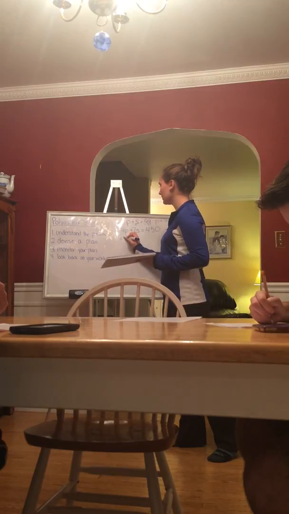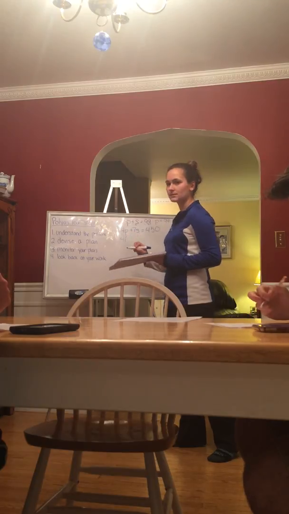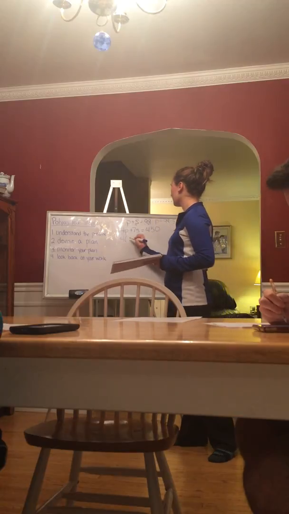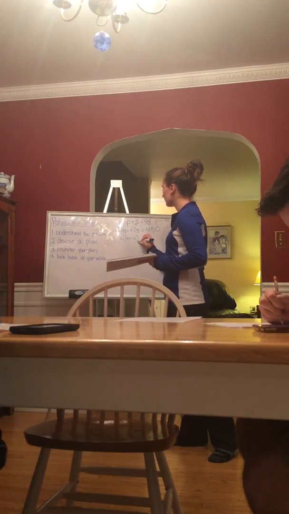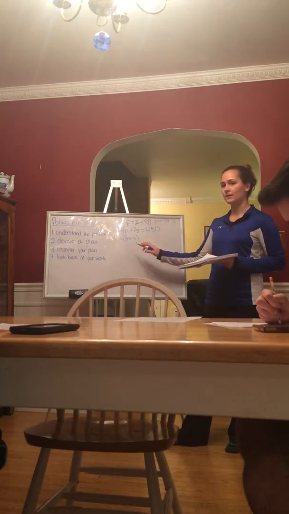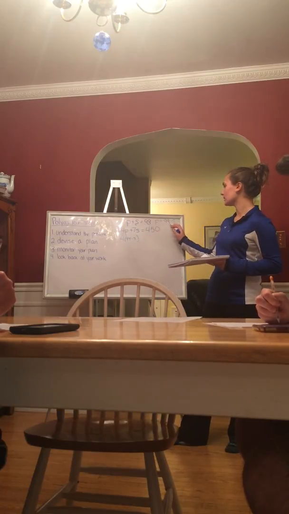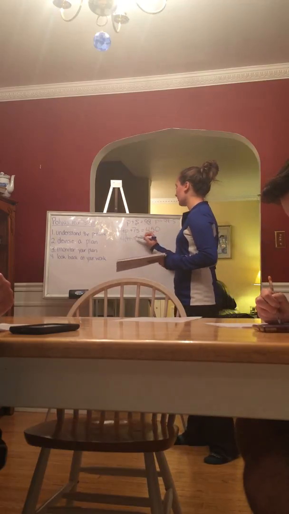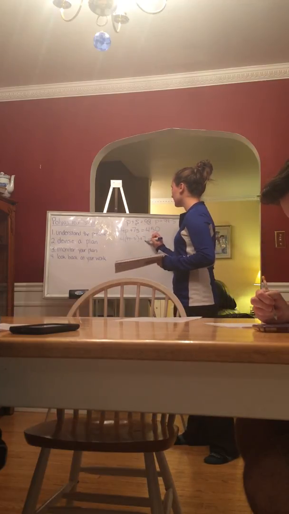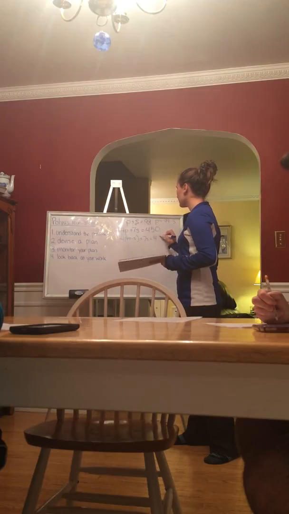So instead of P, we're going to substitute in 99 minus S. Do you see how I did that there? I put this whole expression into where P would be. So then we do 7S equals 450.